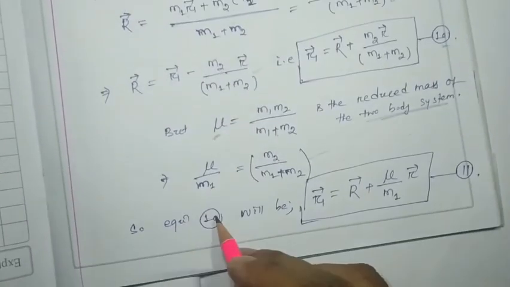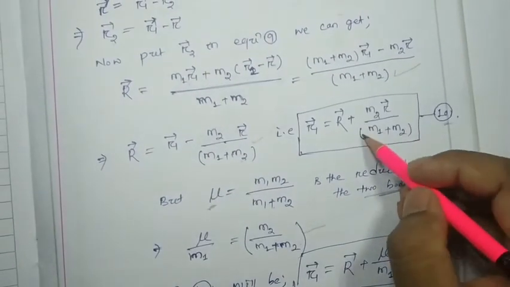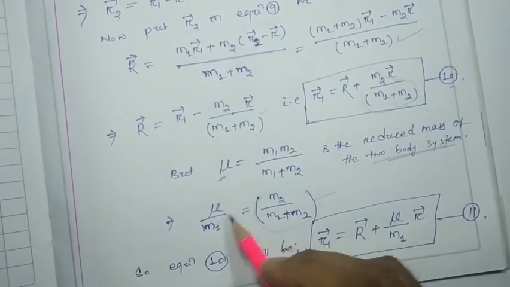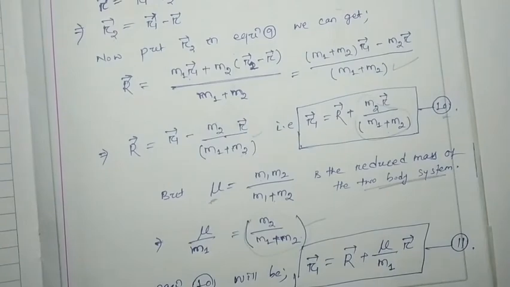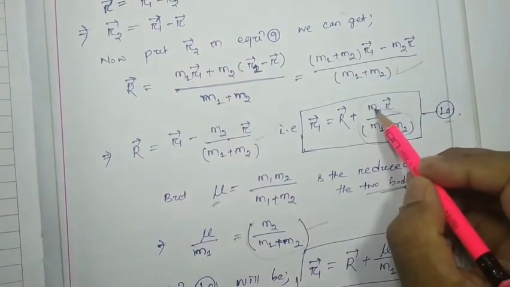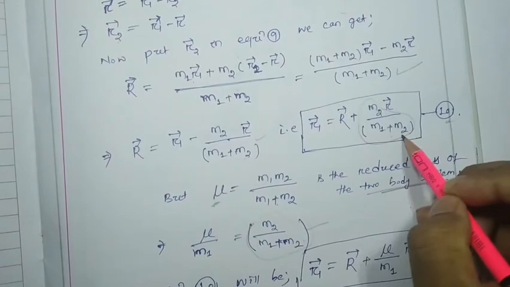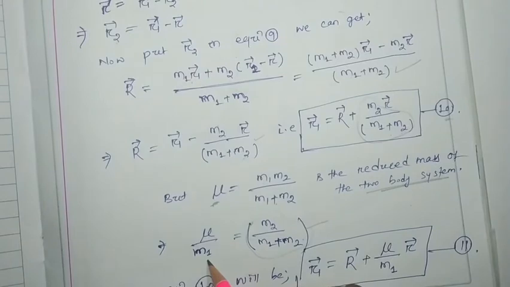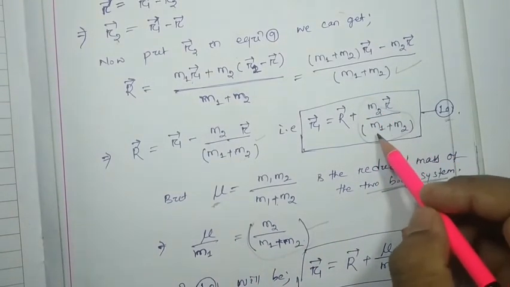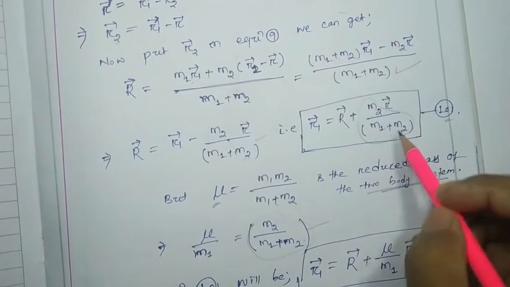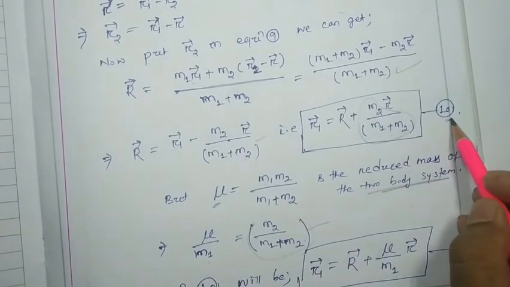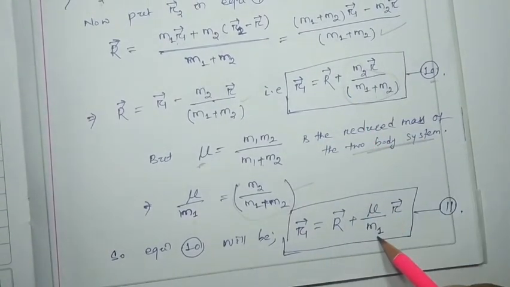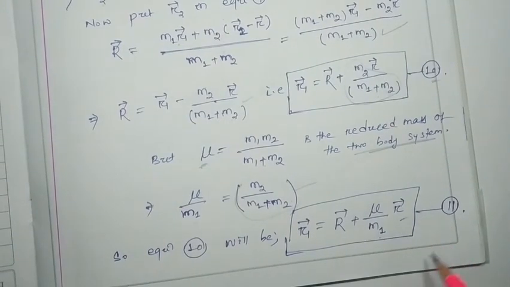So in equation number 10, m2 by m1 plus m2 is nothing but mu by m1, so it can be written as mu by m1. Hence equation number 10 will be capital R plus mu by m1 times r. Let this be equation number 11.